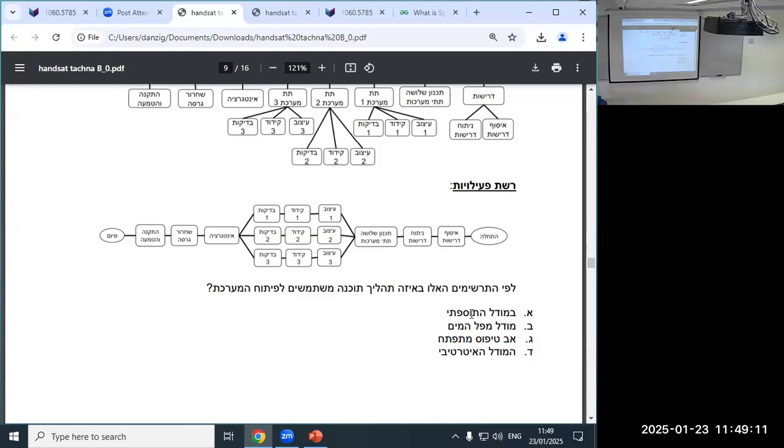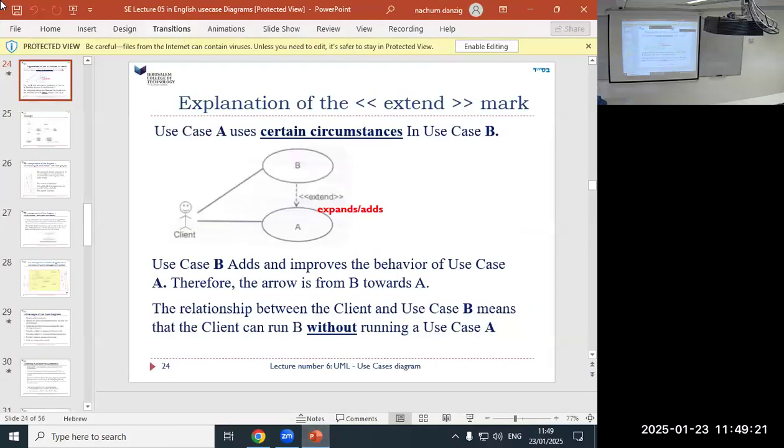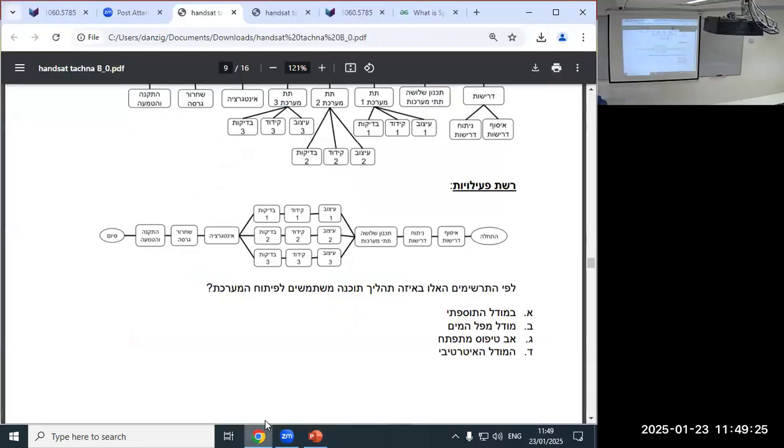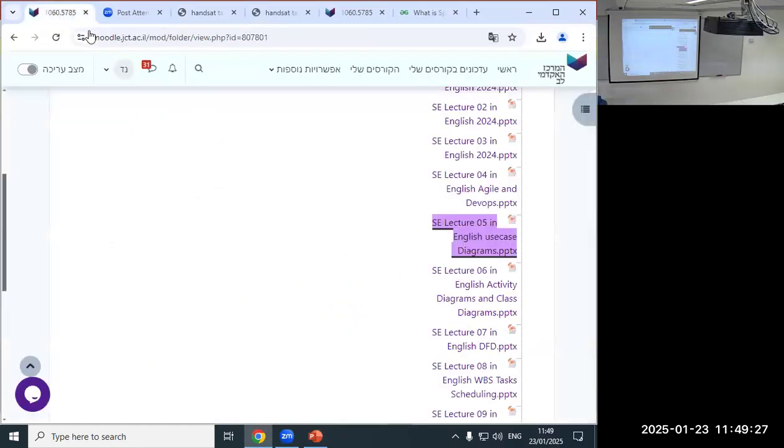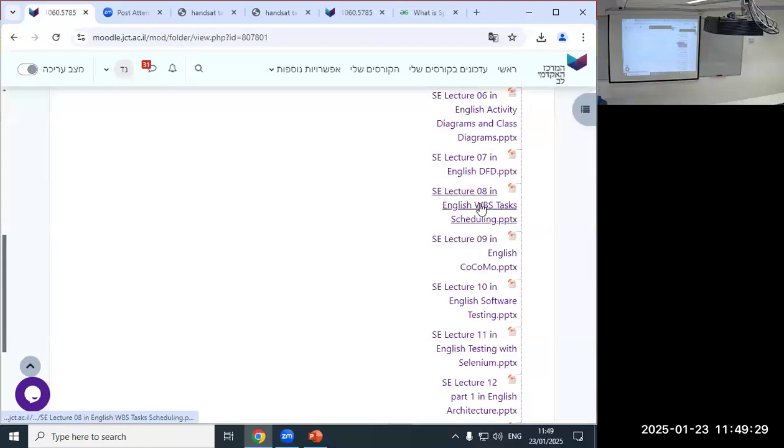So the point of the model is really just, I think I'm just looking at the words here. Let's see, you think it's related to WBS? I don't think so. Maybe. Wait, where were we? Here. Here's WBS.